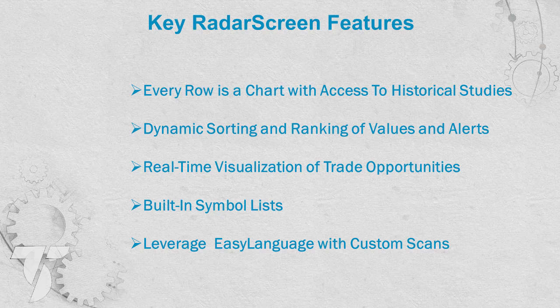One of the key features of RadarScreen is the dynamic sorting and ranking. When you have a column in a quote window, it shows the value for whatever that column is. It could be net change, it could be volume, whatever it is. And if you have a list of symbols, you can sort by that column and rank all of those symbols by either the volume or the net change or whatever column value is being calculated or displayed. That is really incredible.